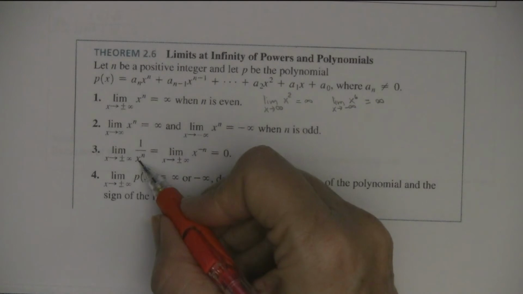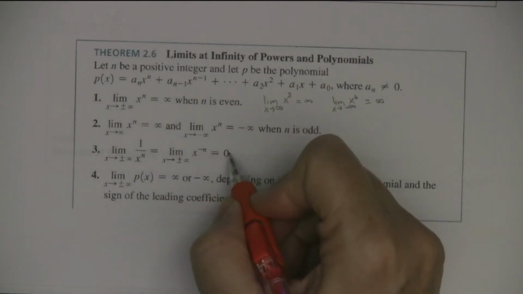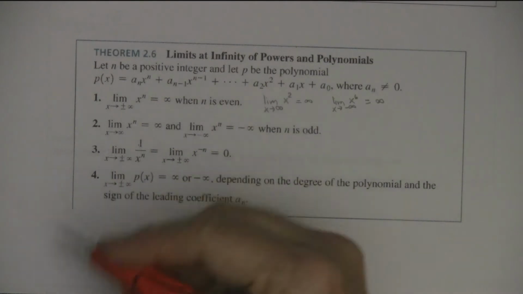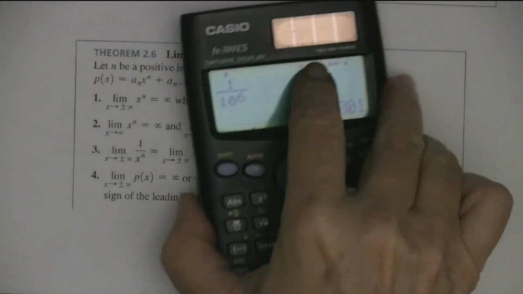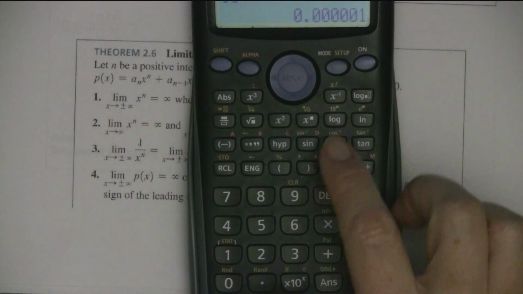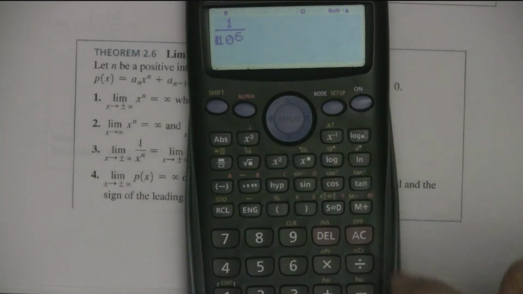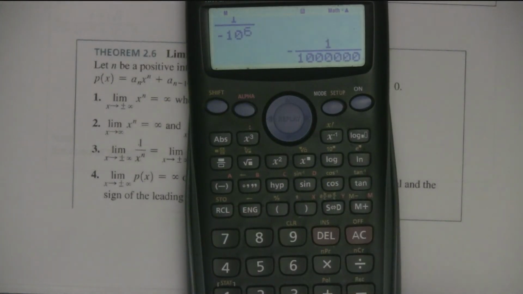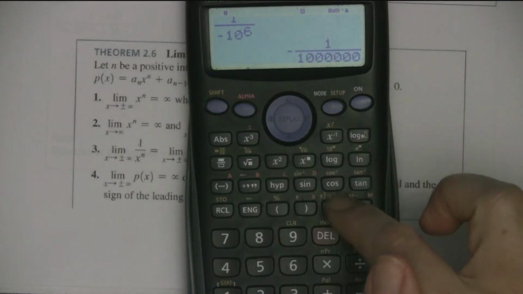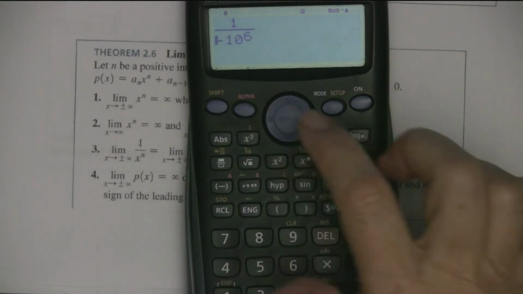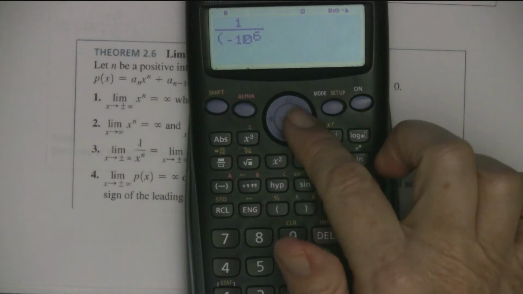1 divided by a very large number is 0. 1 divided by a very, very small number, so negative large, right? So if I just turn this into a negative, I have 6 here, so maybe I should be more careful and put parentheses here.